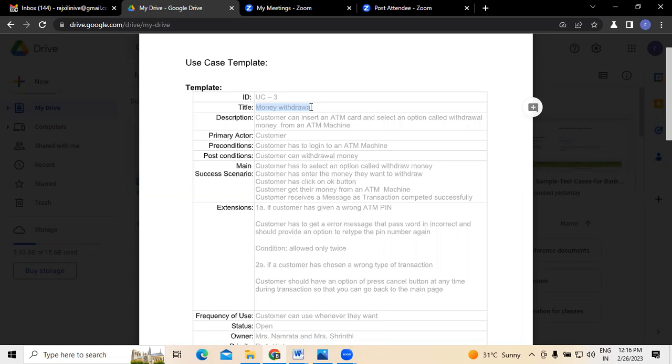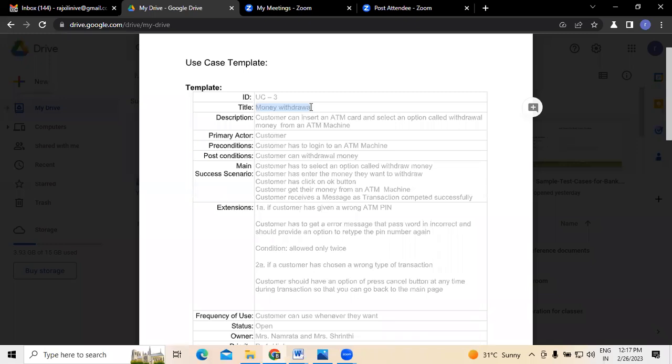Now, who is going to use this? Users are the primary actors. Who is the primary actor here? Money withdrawal will be done by a customer, right? So the customer is the primary actor here. Now, if this primary actor has to perform something, two conditions apply: one is the precondition, second is the post-condition.